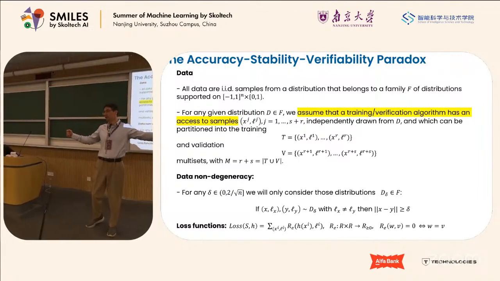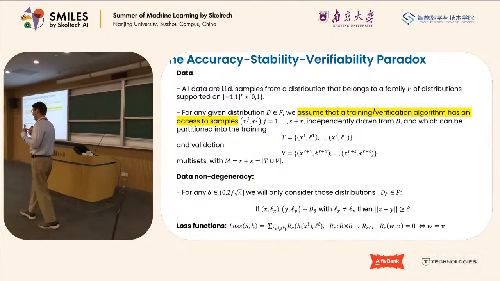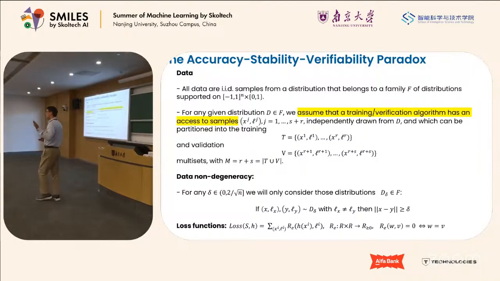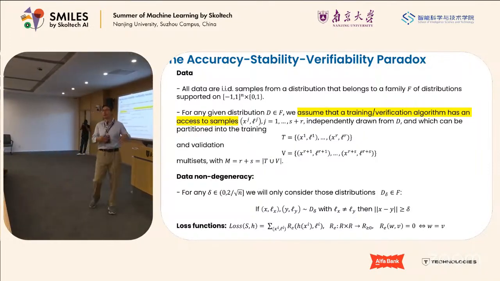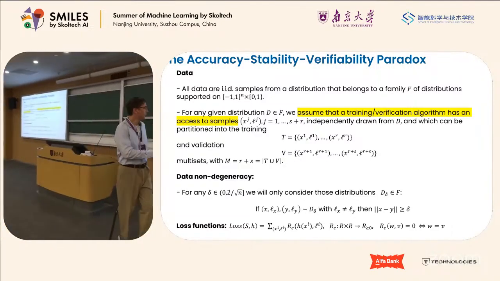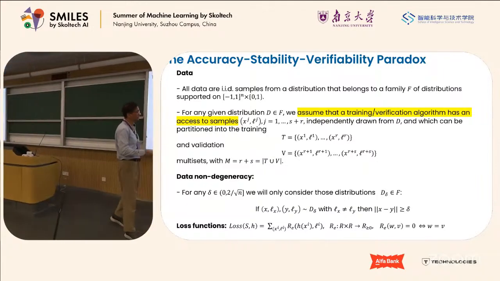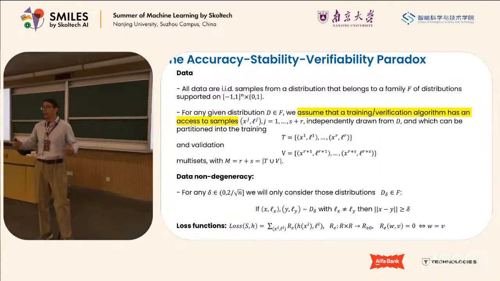So I'm not enabling cheating for myself, although I will cheat, unfortunately, that's how you work. But I'm setting it up so that cheating is not permitted. And then you have the loss function, which is a classical one, which is 0 only when the labels coincide, and non-zero when the labels are different.